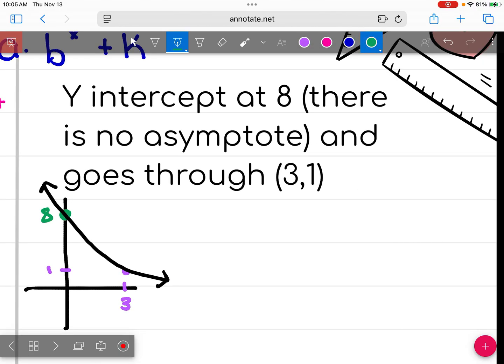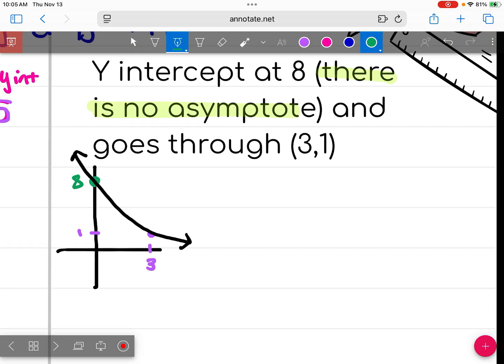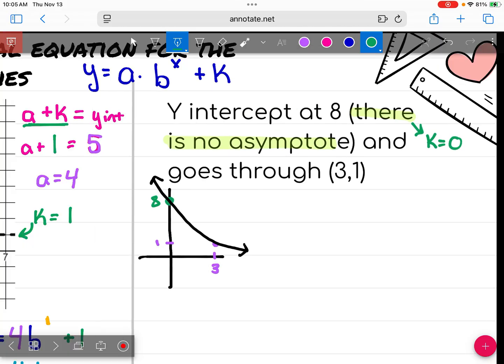They also straight up tell us there is no asymptote, or at least none shown. It's going to be at 0. So our k equals 0. There is no shift in the asymptote.